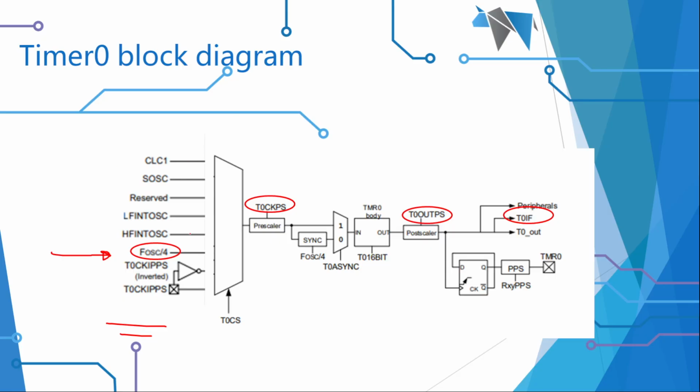Then we have the Prescaler, which is here. We have a Postscaler, which is here. And then when it rolls over to 0, we have an interrupt flag called T0IF. These are the key things that we need to be considering.